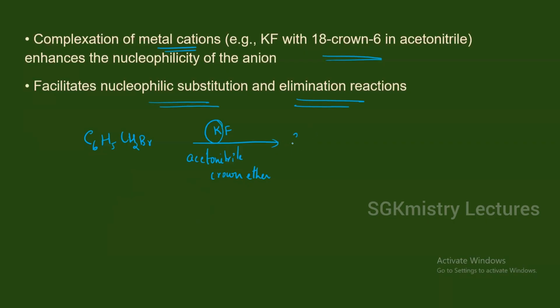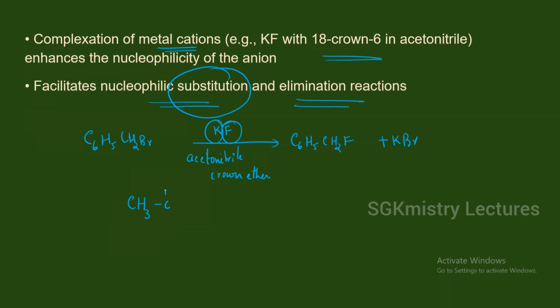So here what happens is you're going to get C6H5CH2F. So this F minus can be incorporated into the substrate molecule. So you get KBr as the byproduct. So here there is a substitution reaction occurring. Elimination reaction also can be facilitated. So before that, let us look into one more substitution reaction.